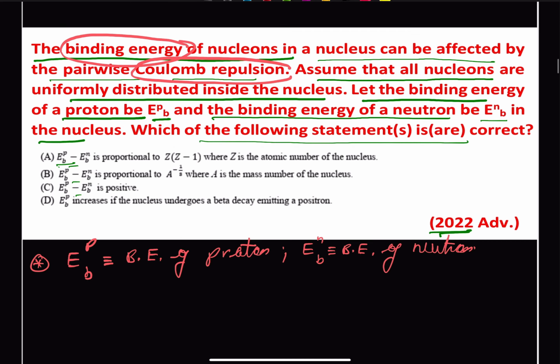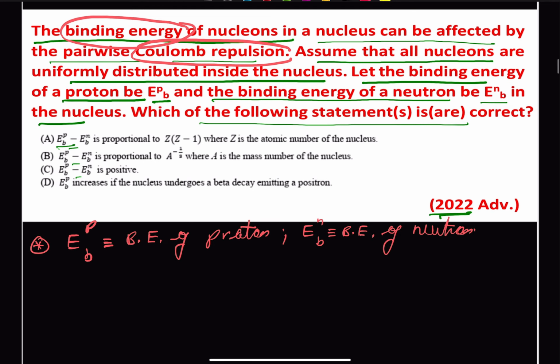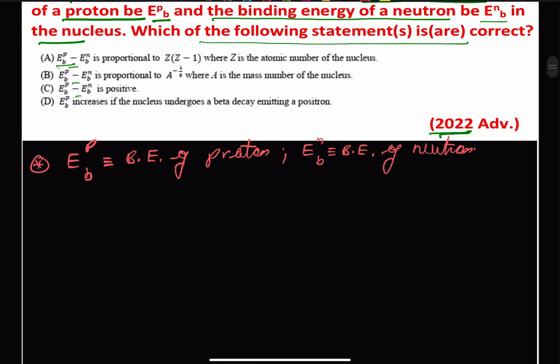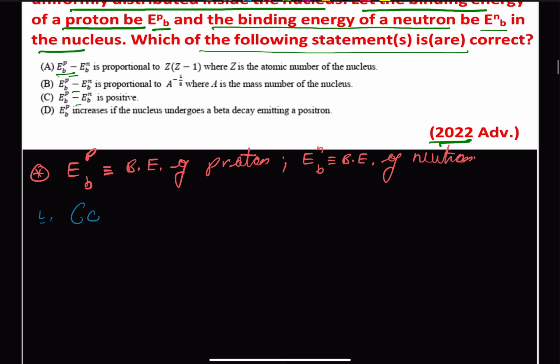So in this case we have to remember that the Coulomb repulsion affects the proton binding energy. You can say Coulomb repulsion affects proton binding energy.